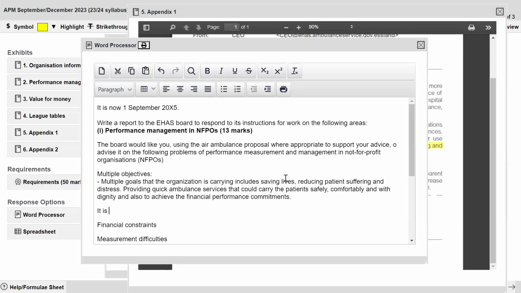It is usually very difficult to prioritize the objectives, as they are usually conflicting objectives.